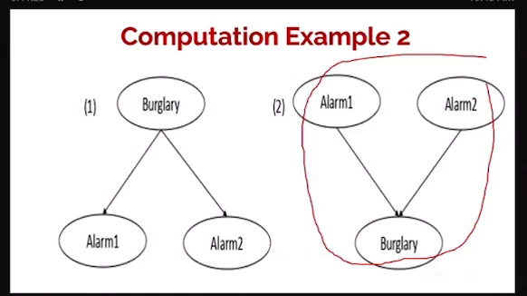I'm using the second structure. It's going to be probability of alarm 1 times probability of alarm 2 times probability of burglary given alarm 1, alarm 2. Do you see the structure? Does that make sense? And that is what you are actually going to have.